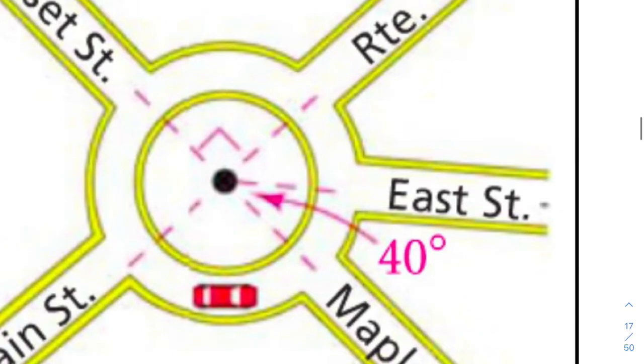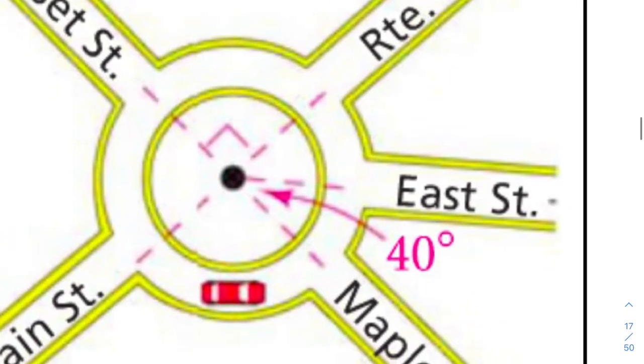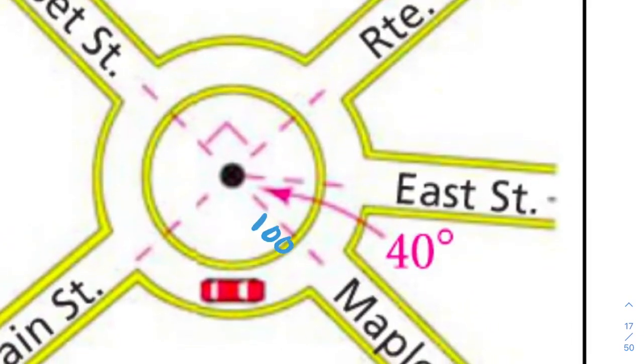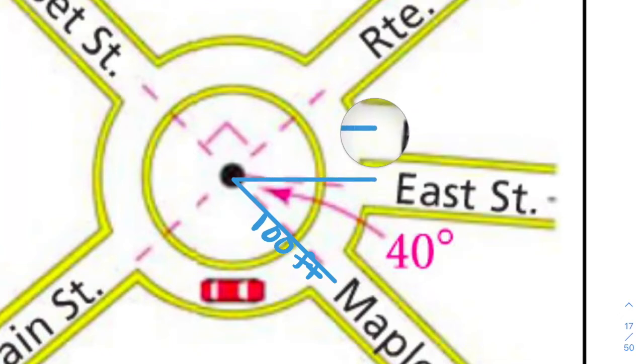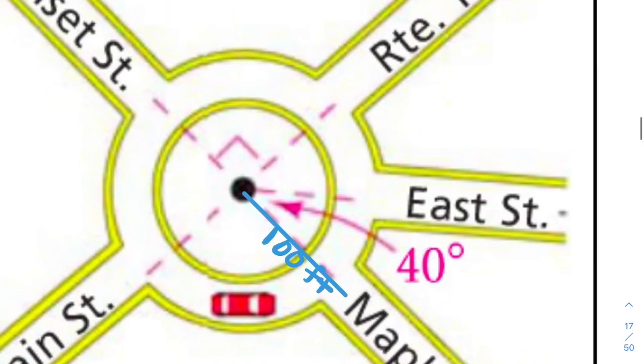So if the diameter is 200, it looks like the radius is 100. It looks like they're repeating this over and over again. Okay, so the question is, I'm just going to do this one for you.